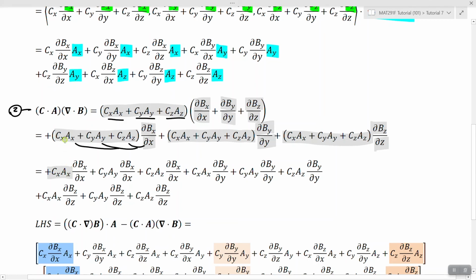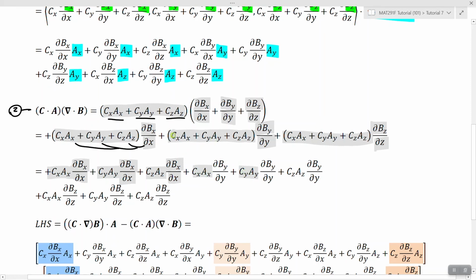So you see cx ax right here, partial x bx plus cy ay partial x bx. And then same thing for z. And then I expanded this out, so cx ax.